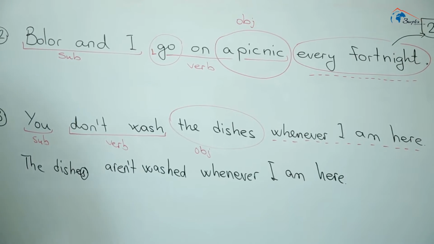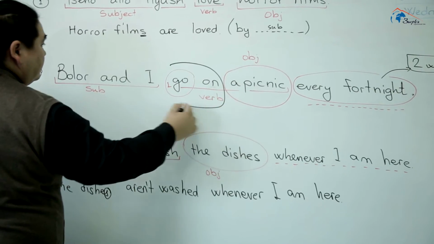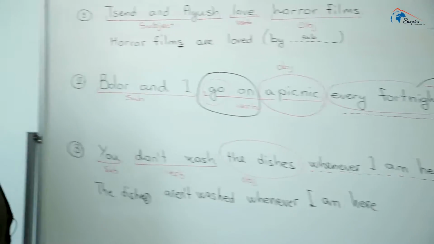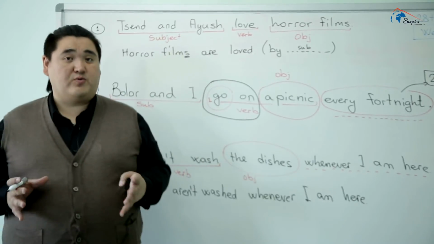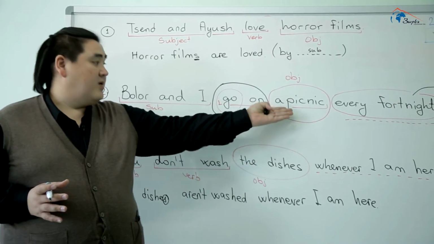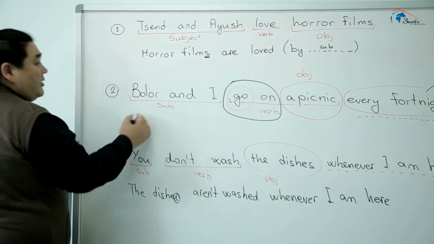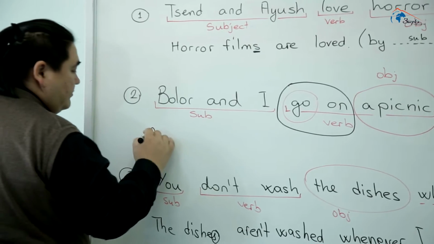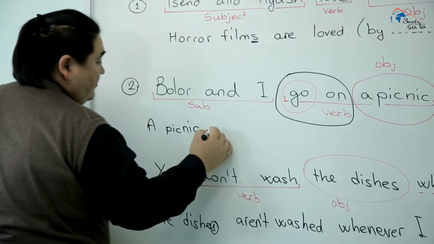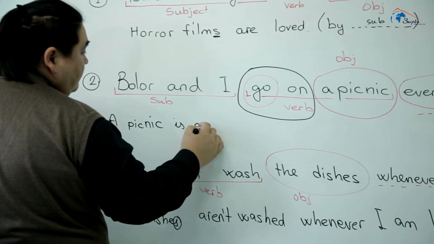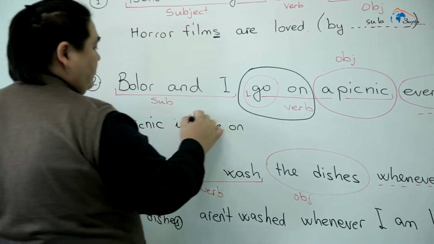So the second sentence, we have got this one, go on. Usually, in such sentences, any kind of phrasal verb takes an object after it. It's a rule. Anyways, here, a picnic is gone on, somehow.